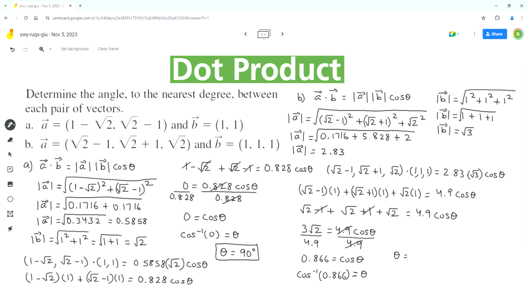So I got 30 degrees. This is the angle between vectors A and B in part B. So this should be the final answer for part B.